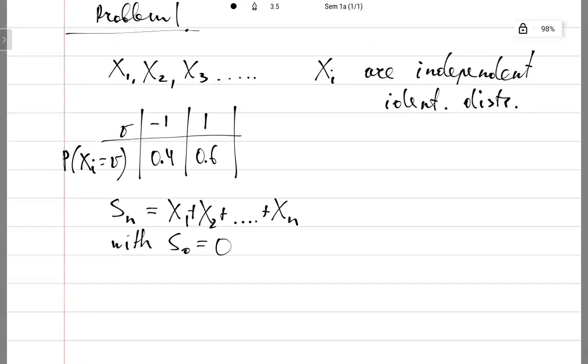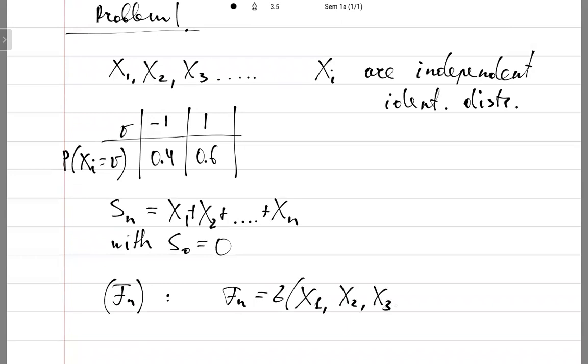I will also create a filtration. So my filtration will be given by: I just observe the value of X. So at time n, I have observed X1, X2, X3, and so on. Well, it's the setup.